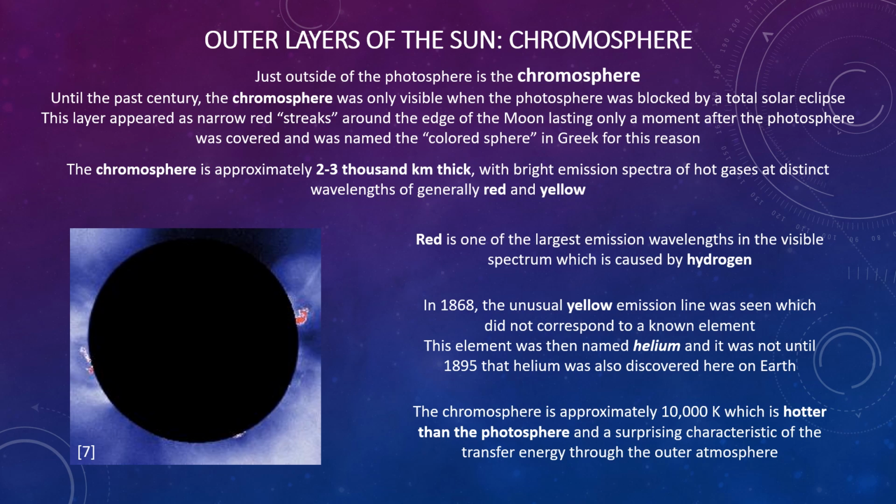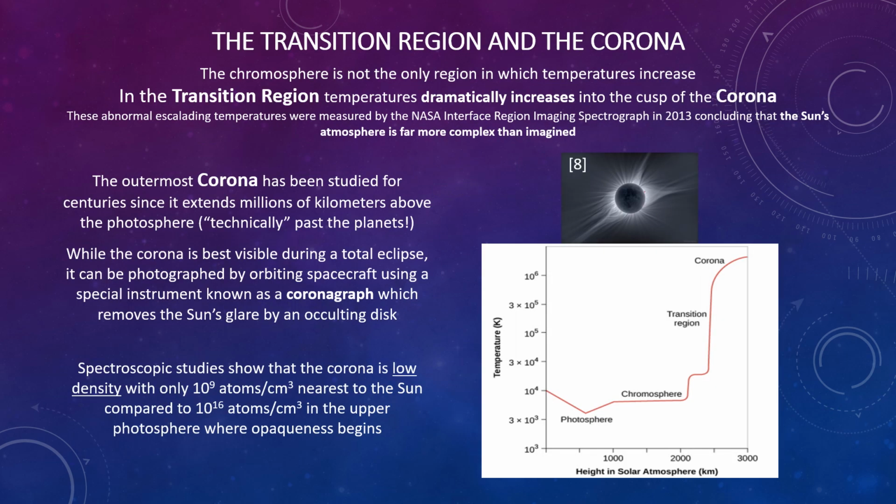And the chromosphere is approximately 10,000 Kelvin, which is hotter than the photosphere. This is a surprising characteristic of the transfer that energy goes through in the outer atmosphere. The chromosphere isn't the only region in the outer parts of the sun's atmosphere where the temperature increases.